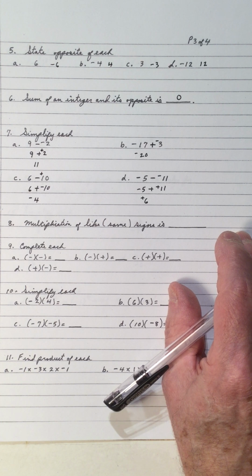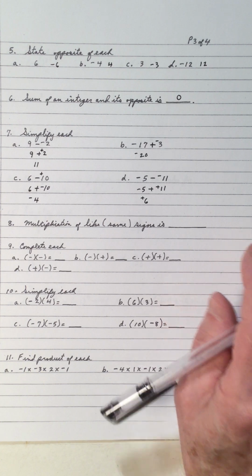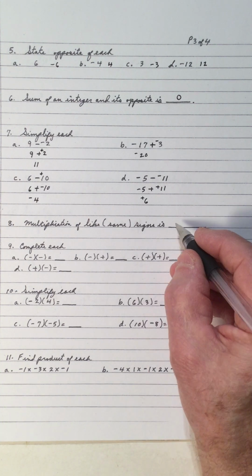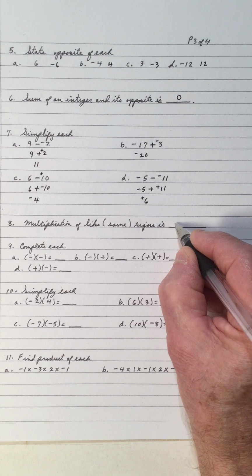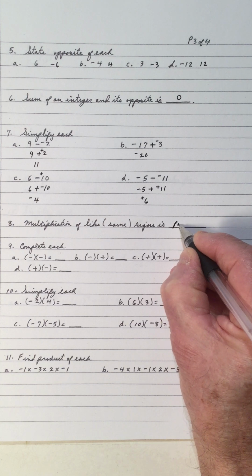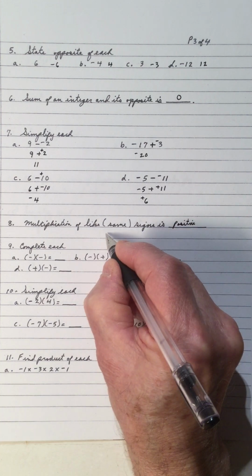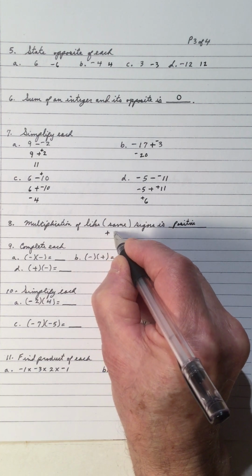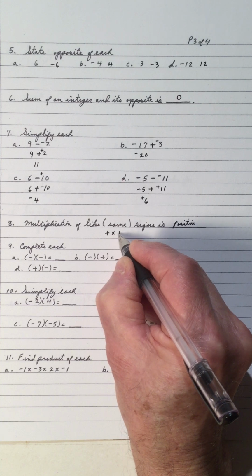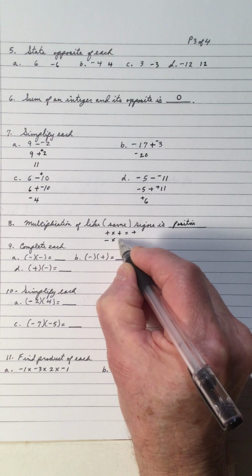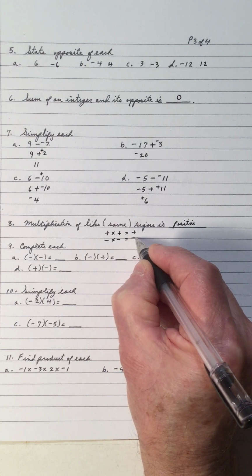Number 8, multiplication of like signs. When you multiply like signs, signs that are the same, you will get a positive. What we mean here, if you multiply a positive times a positive, you will get a positive. If you multiply a negative times a negative, you will get a positive.